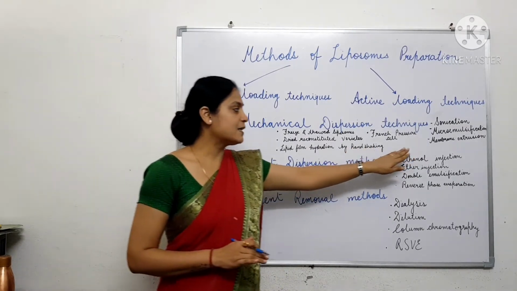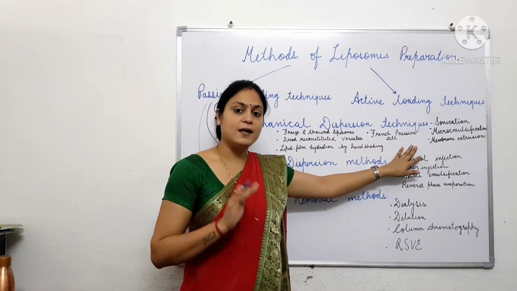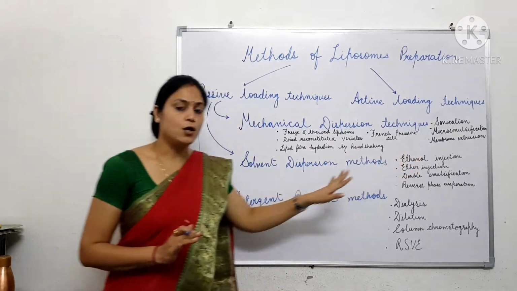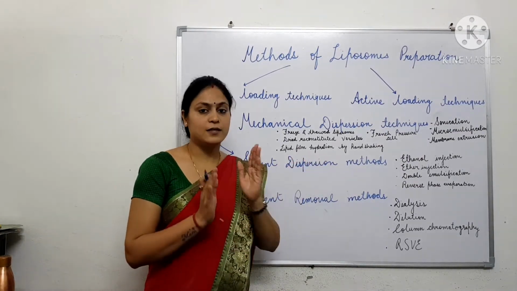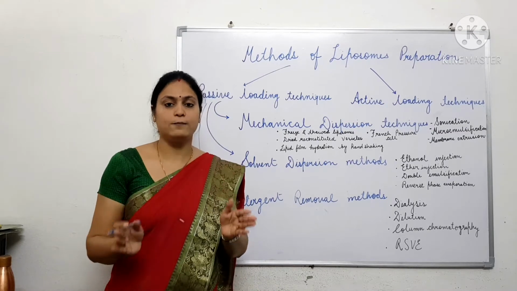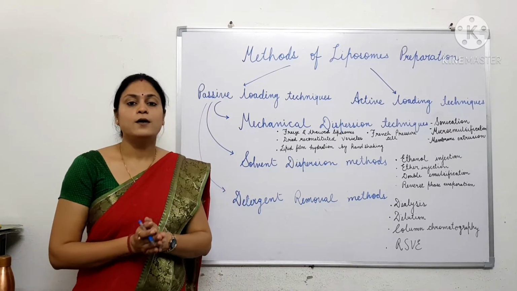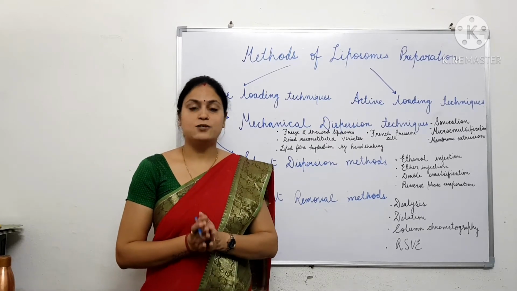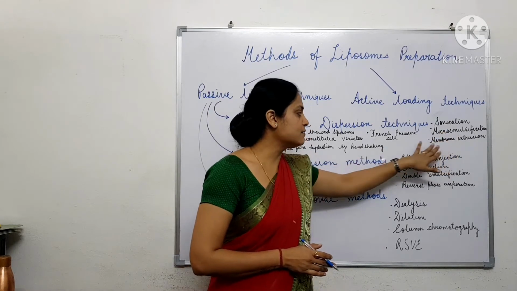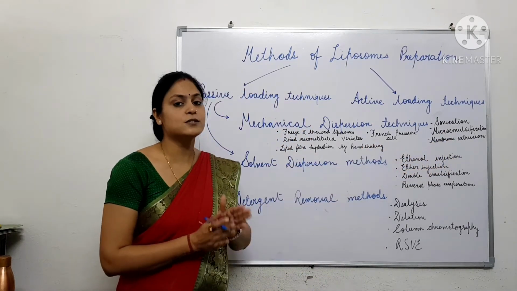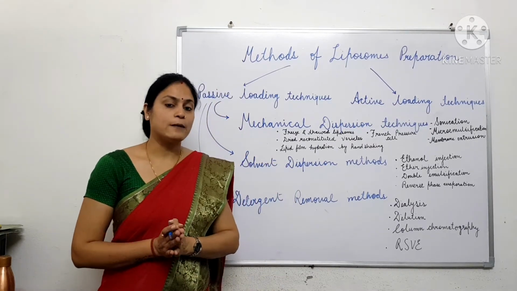Basically the objective is to reduce particle size as well as lamellarity of liposomes, because initially when the solid film of lipid is hydrated, it results in the formation of large multilamellar vesicles. So these four methods have an objective to reduce particle size as well as to reduce lamellarity of liposomes.